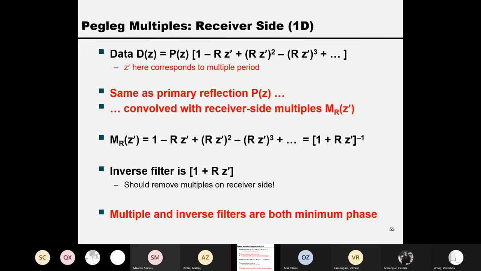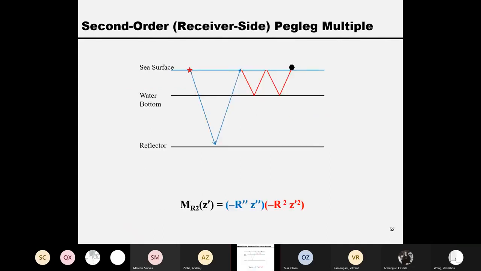Okay, but why do I describe these two cases separately? Because this involves an assumption. The assumption is about the water bottom here. We said the source and receiver are at the same position, it is 1D, right? 1D means this point is actually the same point.